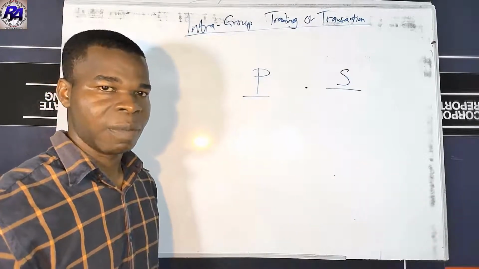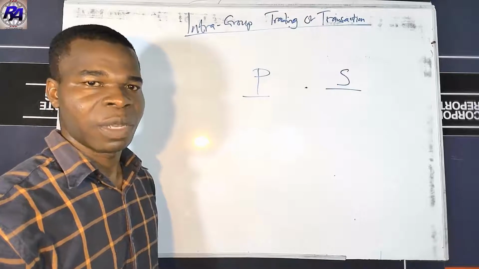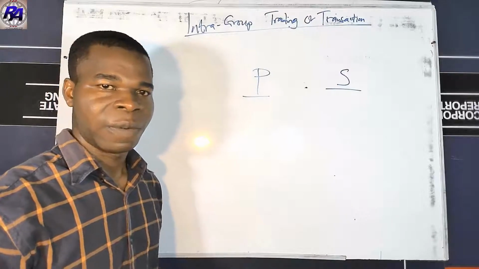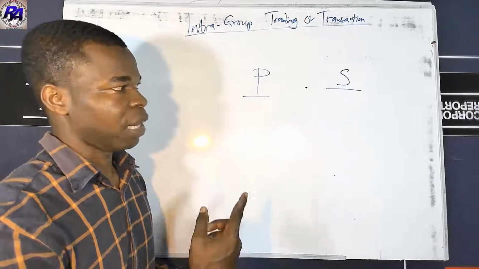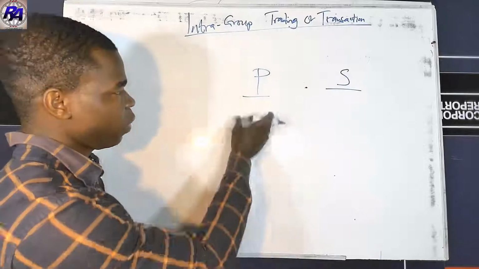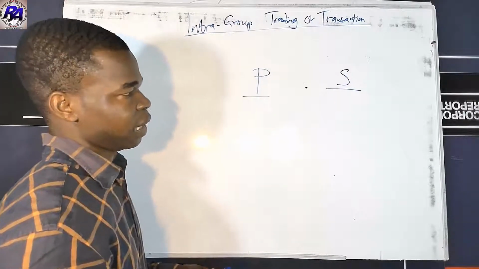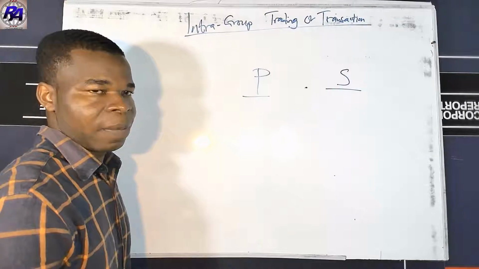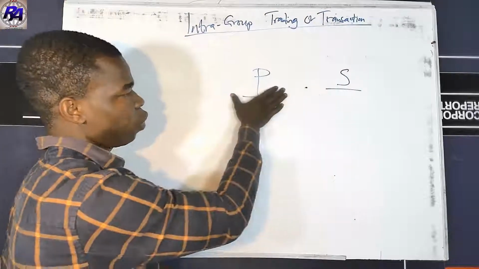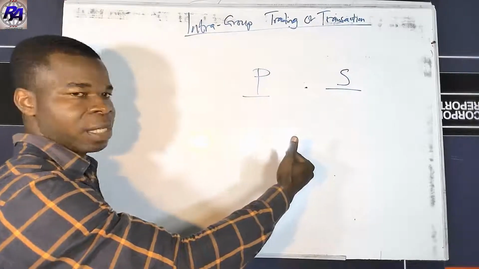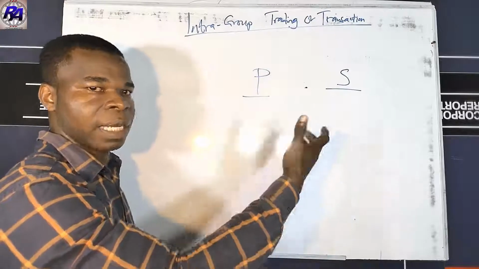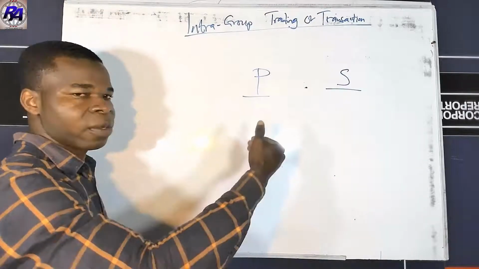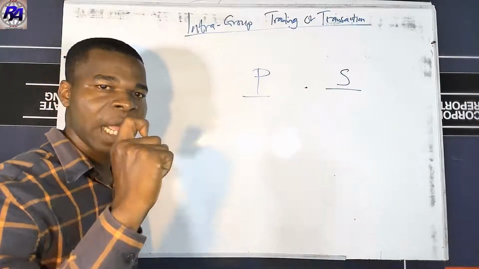We have a lesson on that particular topic already, so you can probably look at it for better understanding so that you can be at par with us. Now, when we talk about intra-group trading or intra-group transactions, we are saying that these two entities, although they are separate in their legal form, in terms of substance they are one economic entity.